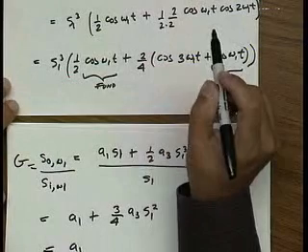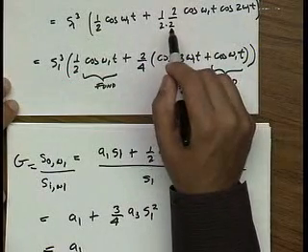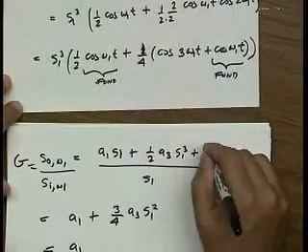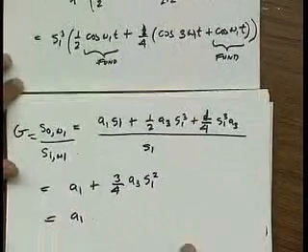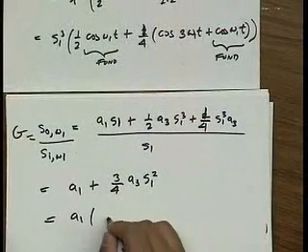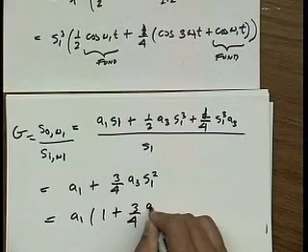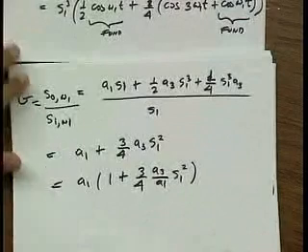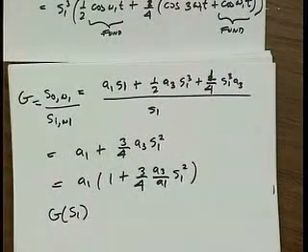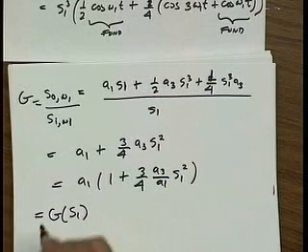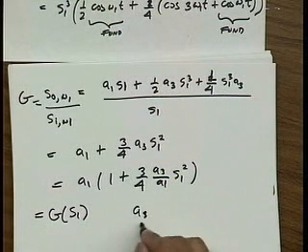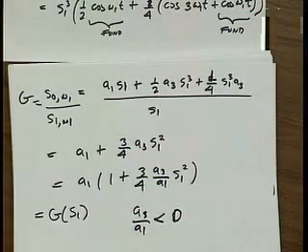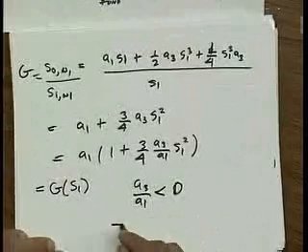Let me see what I did wrong here. This 2 shouldn't be there. That should be 1/4. That makes sense now. Okay, just a small mistake. So this is 1 plus 3/4 A3 over A1 S1 squared. So now we see that the gain is a function of S1. And if A3 over A1 is less than 0, then we have compression.